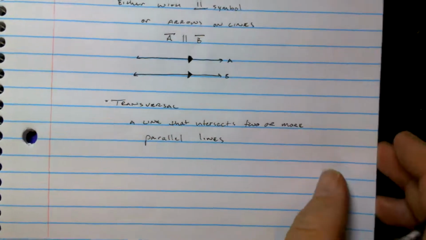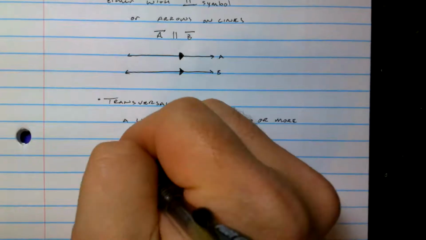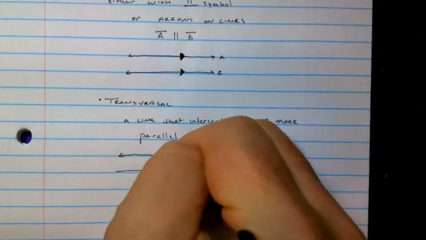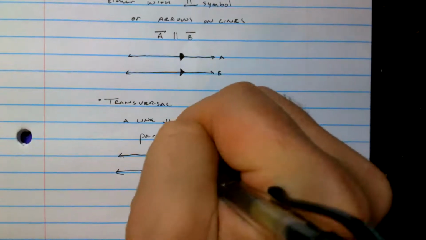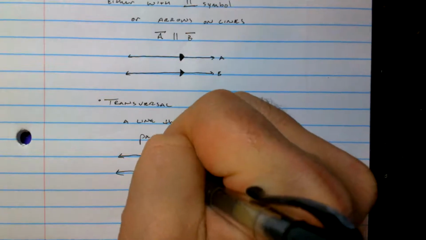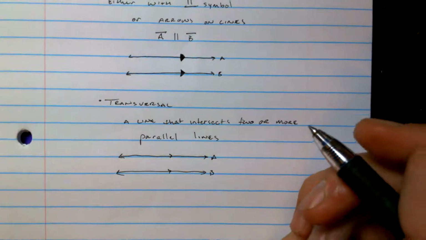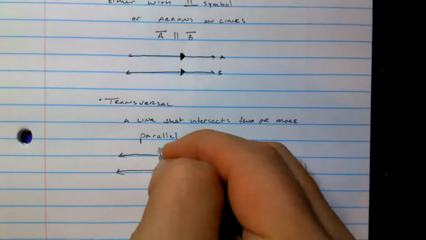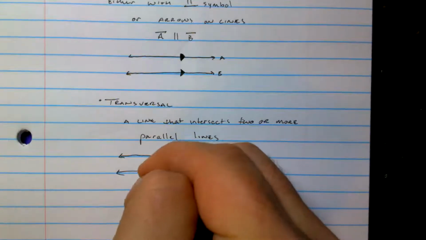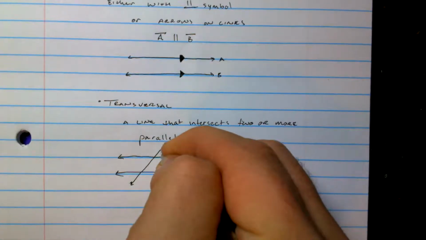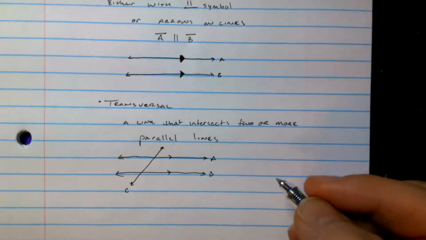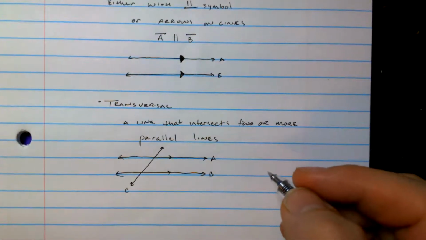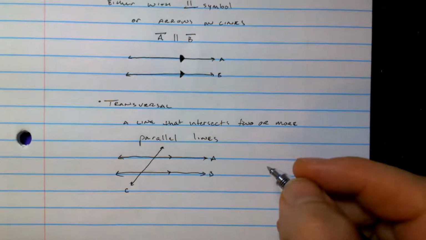Okay, so if we draw our two parallel lines again, it doesn't have to be perfect, just close. These two are parallel to each other. Got our little arrows indicating that. And we can then transverse that line as follows, with line C. So in this case, line C would be the transversal.